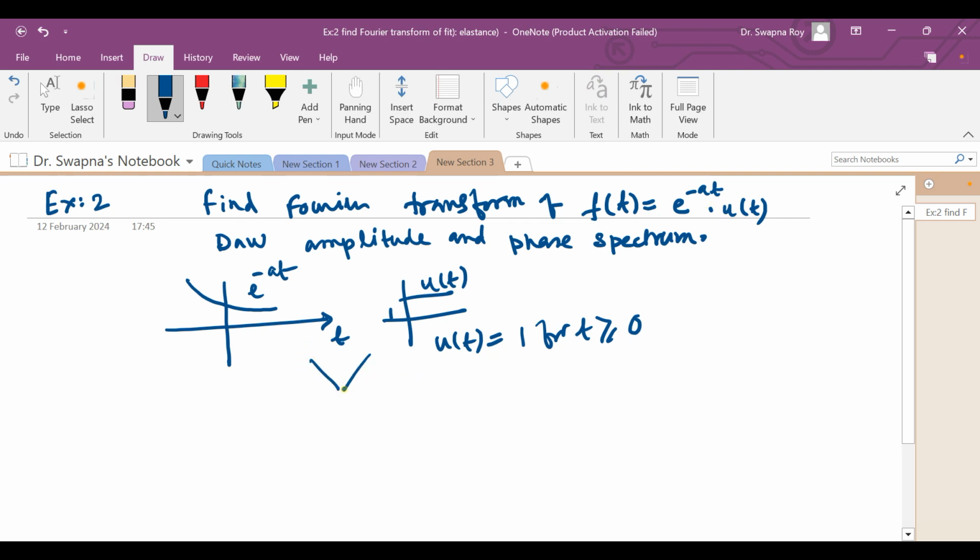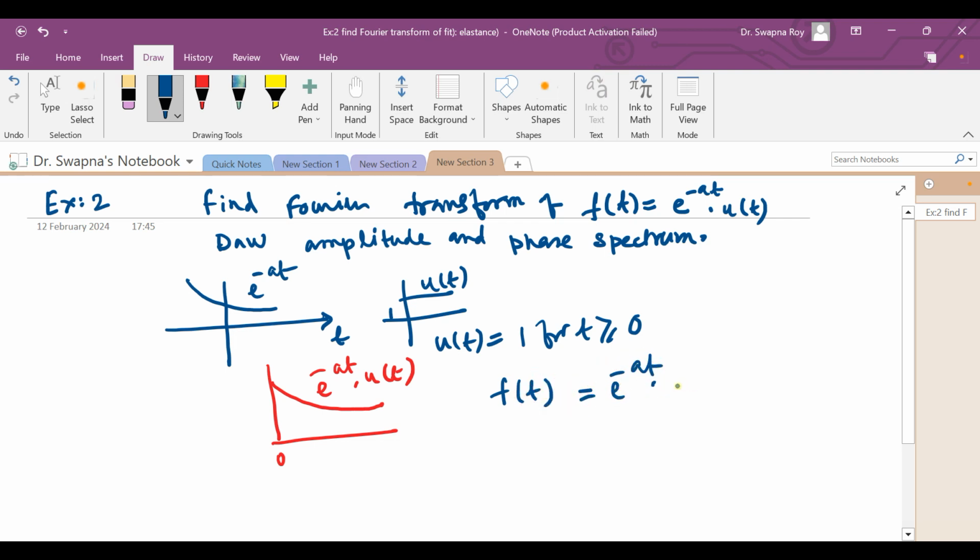So we'll get the function, which will start at 0. So f(t) is equal to e^(-at) u(t).